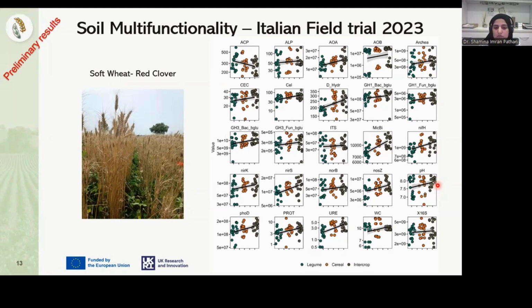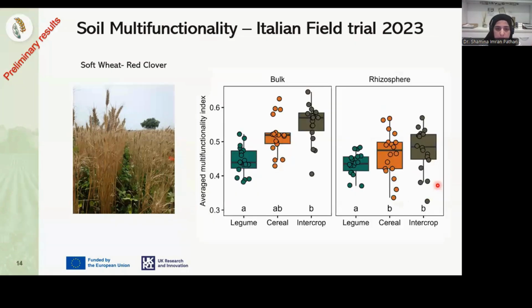Because we are still in the measurement phase, we will update this data set and evaluate the multifunctionality again, so these are very preliminary results. But from these preliminary results, what we found is that multifunctionality, either in the bulk soil or the rhizosphere soil, somehow increased in the intercropping practice.